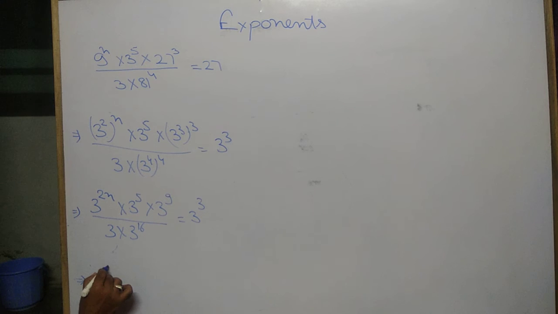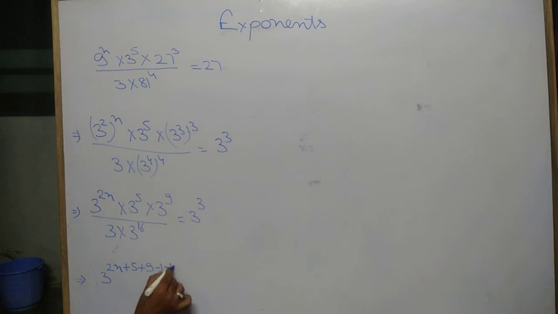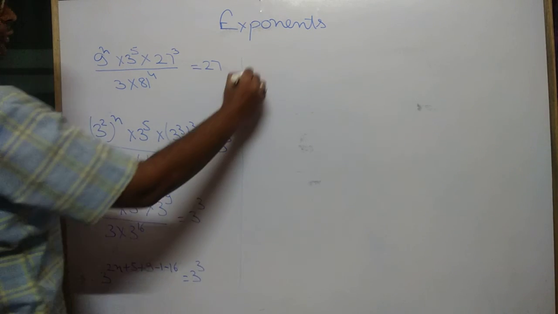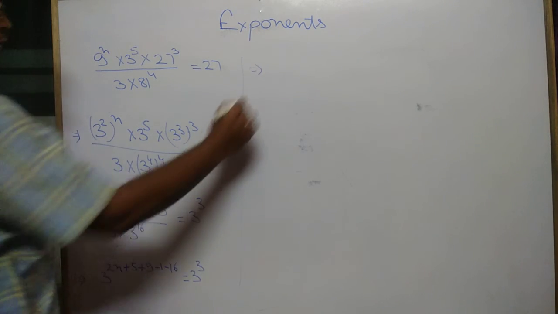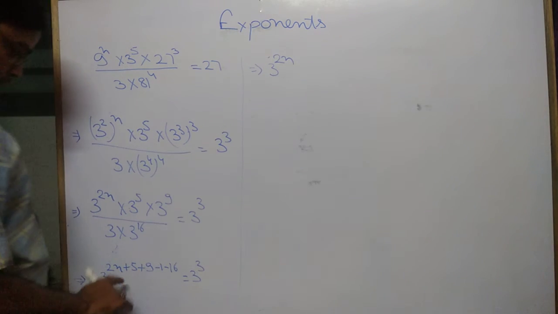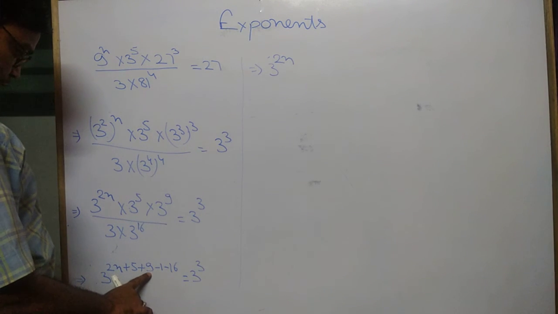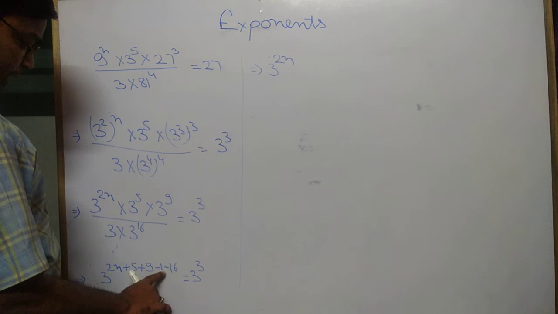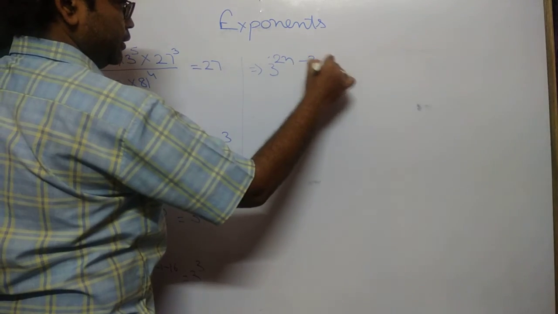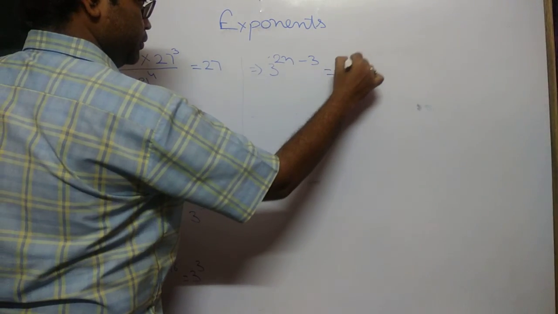Add them: 3 to the power 2n plus 5 plus 9 minus 1 minus 16 equals 3 to the power 3. Ultimately, when we come to this side, it's 3 to the power 2n, 5 plus 9 is 14, 14 minus 17 is minus 3, equals 3 to the power 3.